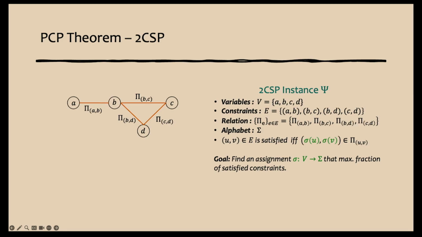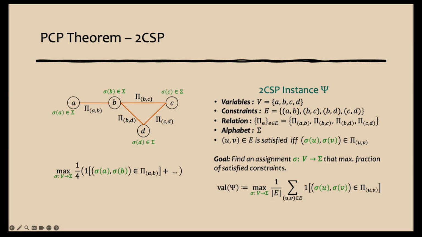There is also an alphabet Sigma, and we want to assign each variable a value in Sigma. We say a constraint uv is satisfied if sigma u and sigma v belong to the relation pi uv. Our goal is to find an assignment that maximizes the fraction of satisfied constraints. Its formal definition is given below.